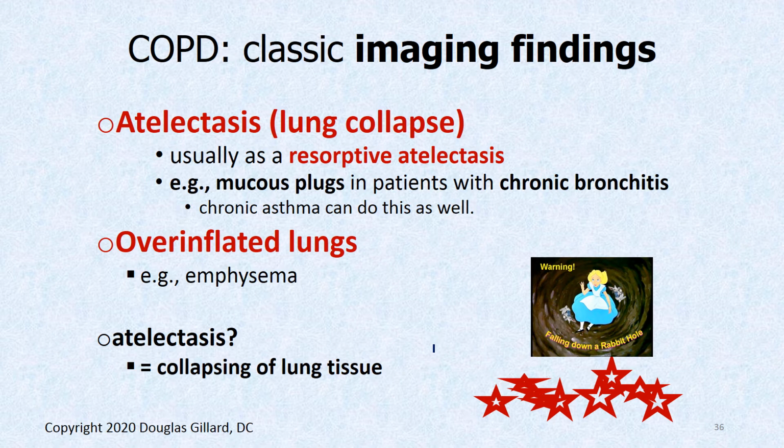And then the other problem is overinflated lungs, where emphysema is notorious for that. Remember, we said emphysema destroys the parenchyma of the lung, and it also can destroy the alveolar walls themselves, and therefore you can get overinflated lungs.